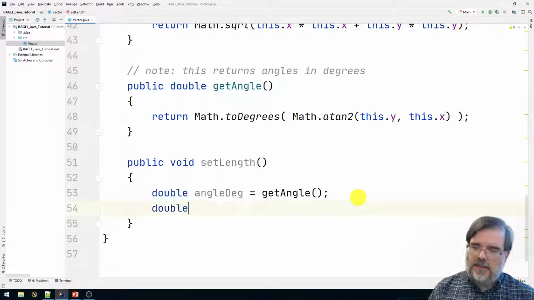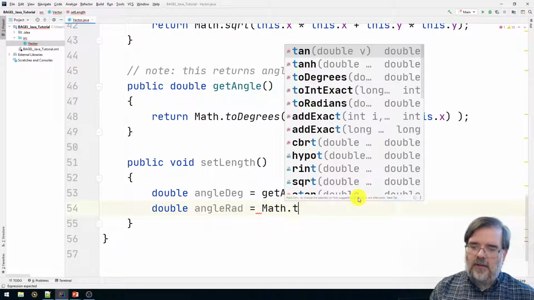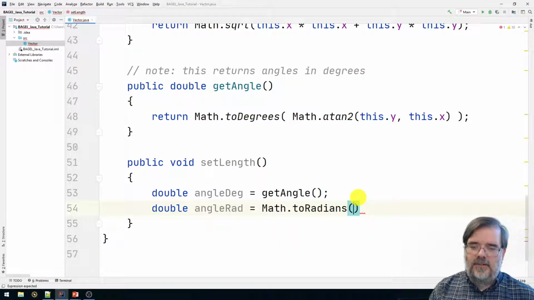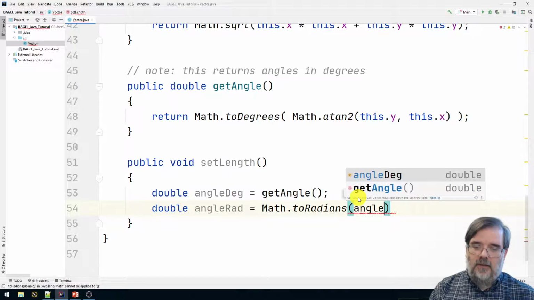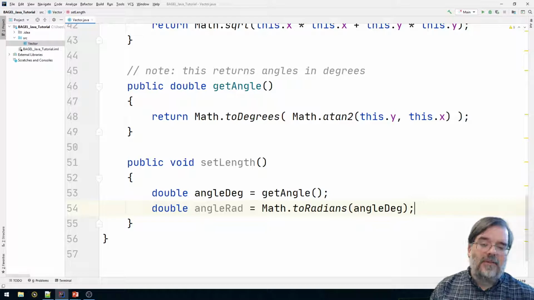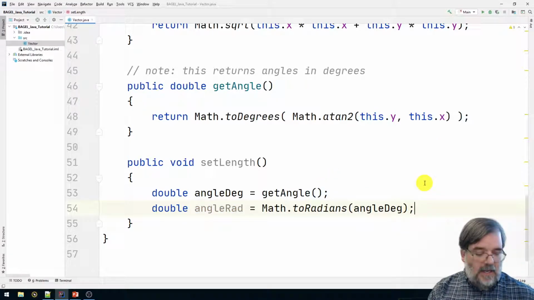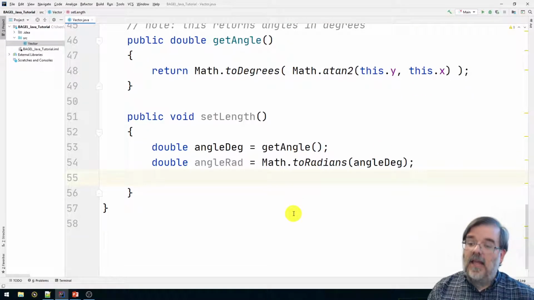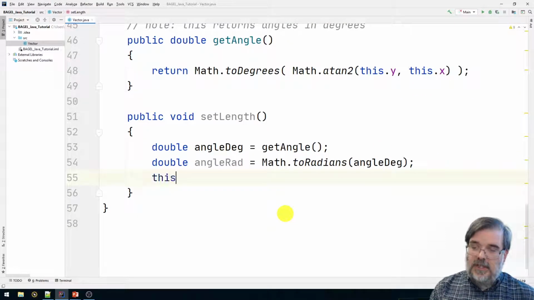Let's say double angle rad is equal to math.toRadians. This will be angle degrees. Right, I need to do this conversion at this point because all the Java math functions require radian output. Right, so I've got angle rad. And then what I need to do is change the values of this dot x and this dot y.